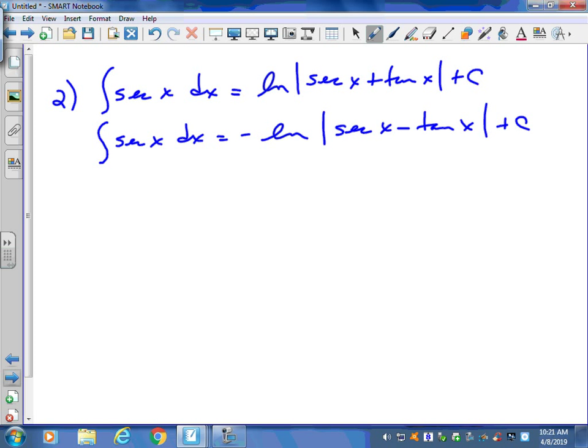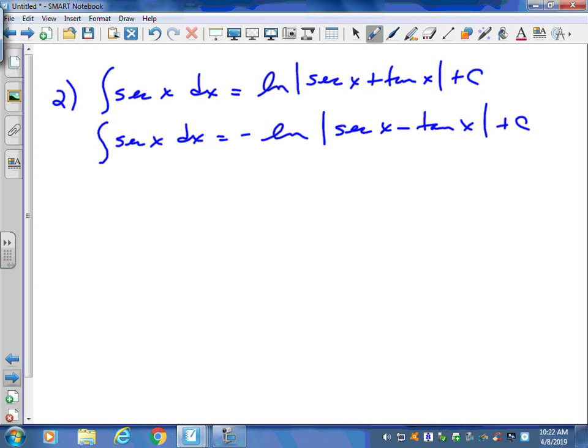Now, sometimes I have trouble deciding which one I want to start with because it really doesn't matter which one you start with. Sometimes I pick the one with a different word because I want to change it all to sine and cosine, but this one didn't change it to all sine and cosine, did it? All it did was change a bunch of signs around. It looks like I got the answer.